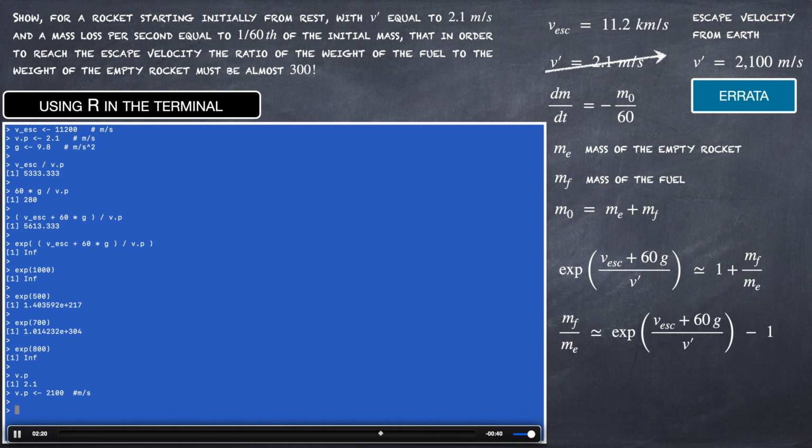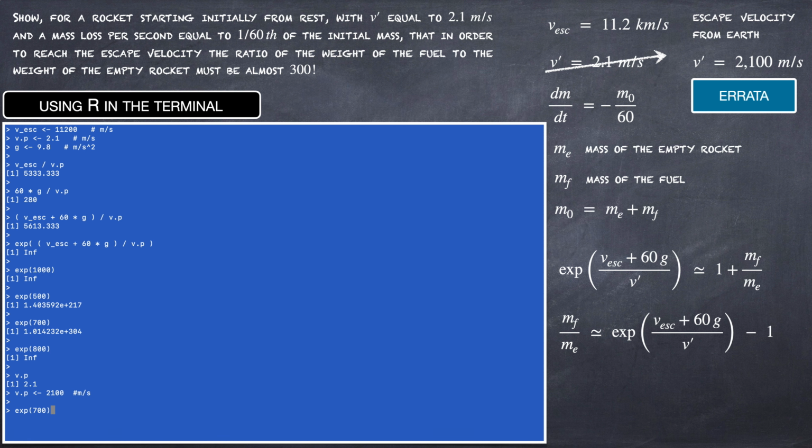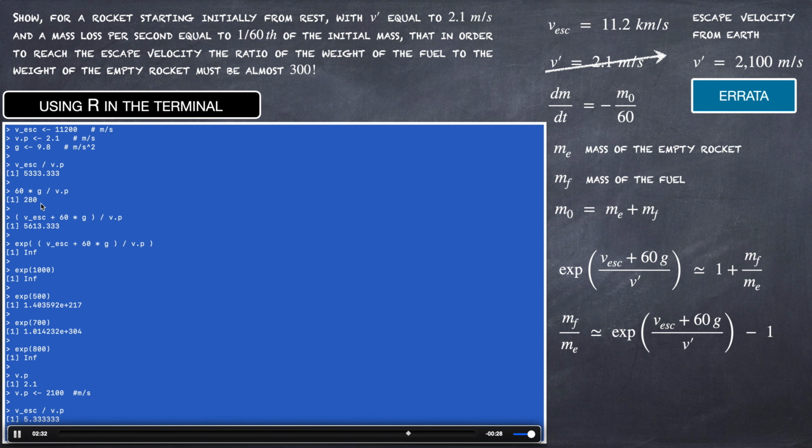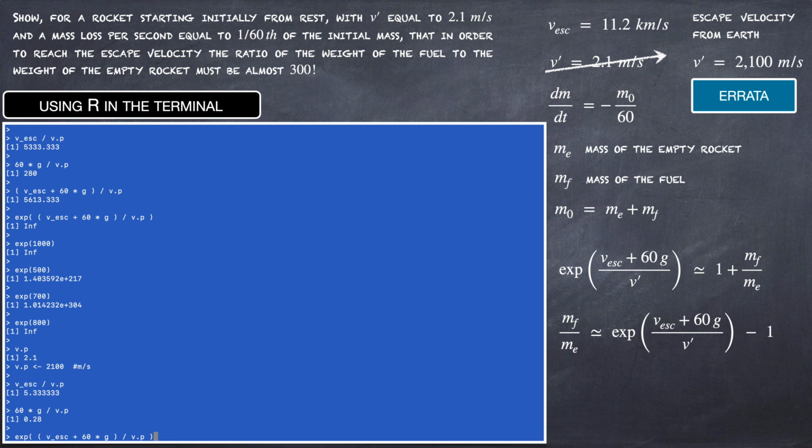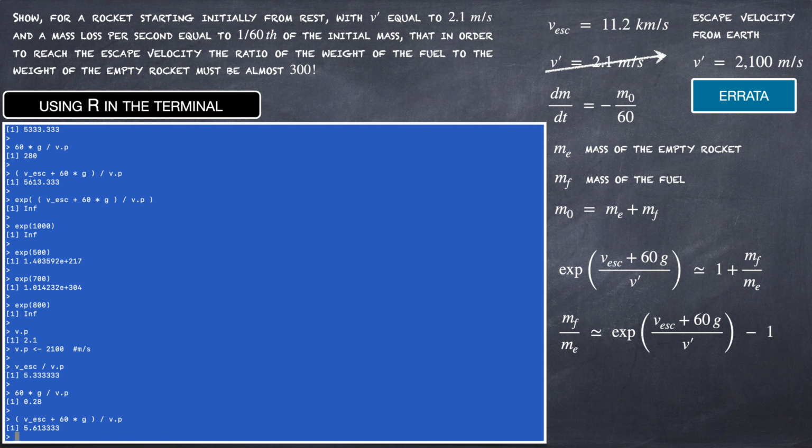And then this term, escape velocity over v prime, is just 5.3 and not 5,300. And this term, 60g over v prime, is 0.28.